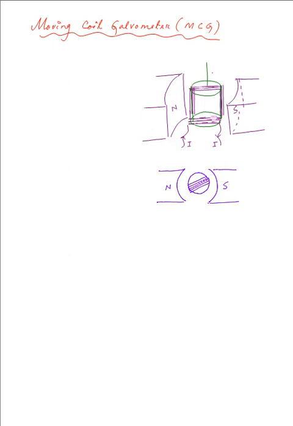They come outside, come to the top from one side, and they are aligned along the field lines, and then they go down. What happens over here?